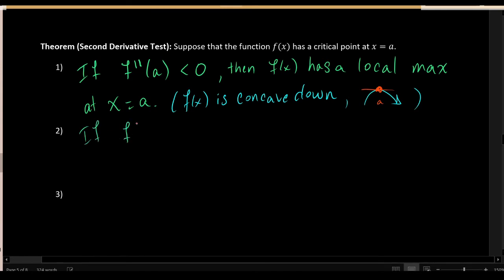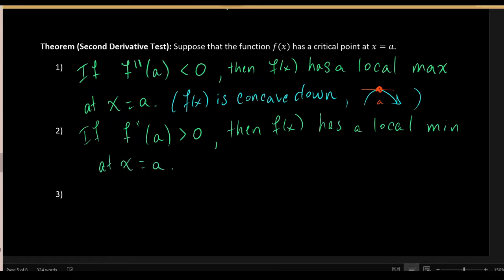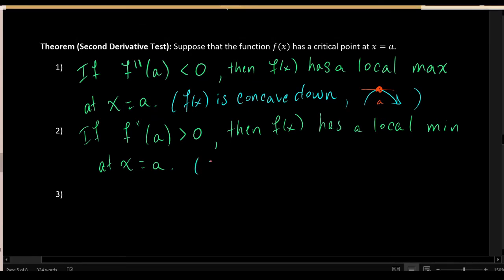Conversely, if you plug the critical point into your second derivative and get a positive number, then the function has a local min at x equals a. Why is that? Well, if the second derivative is positive, then the original function is concave up.